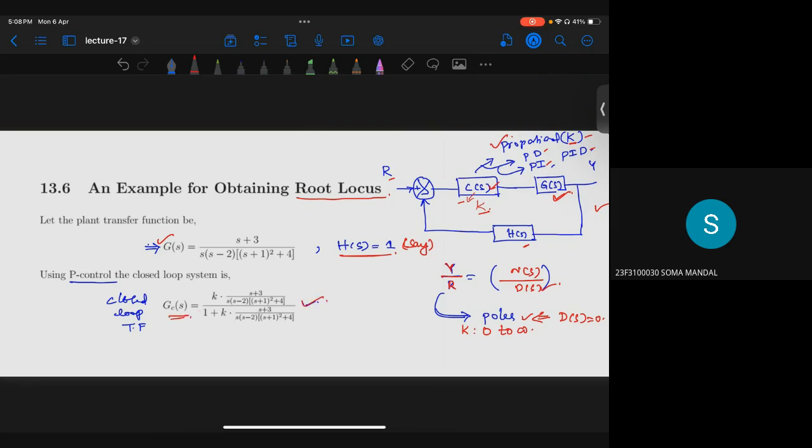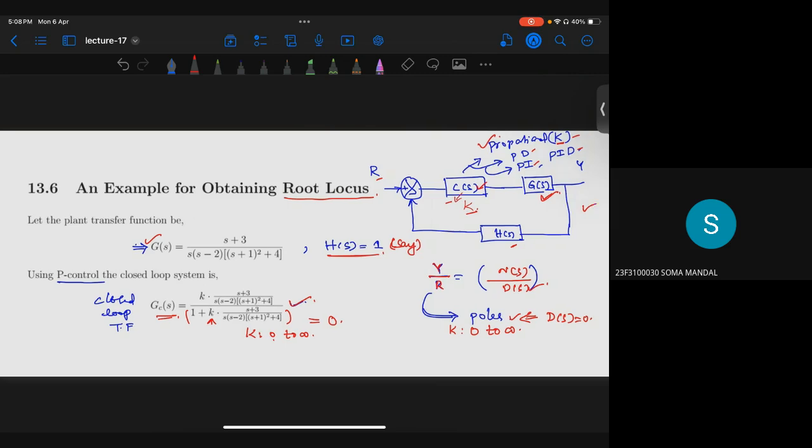Now this is your D of S. When you equate this to 0, and you vary the K from 0 to infinity, and for every K you look at the poles on the S plane, you'll get the poles locus. This root locus technique gives you a step-by-step process without calculating the pole locations for all these values of K from 0 to infinity. I hope this is clear.